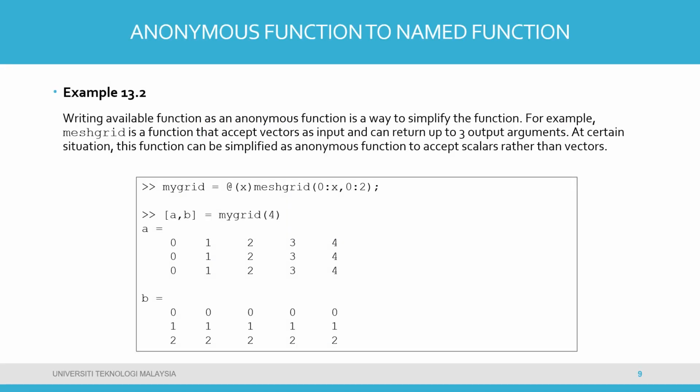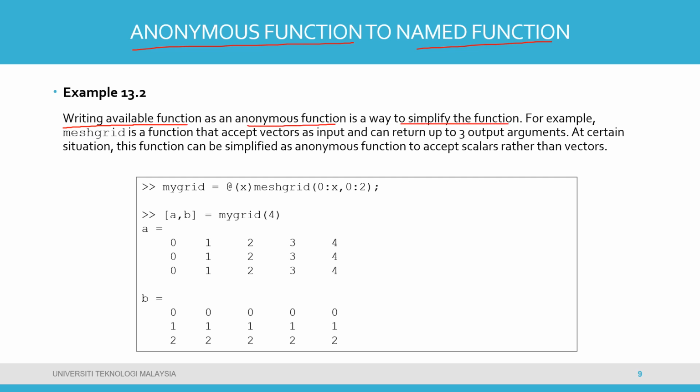Another use of an anonymous function is to name a function, so you can easily use it. Basically, writing an available function as an anonymous function is a way to simplify the function.